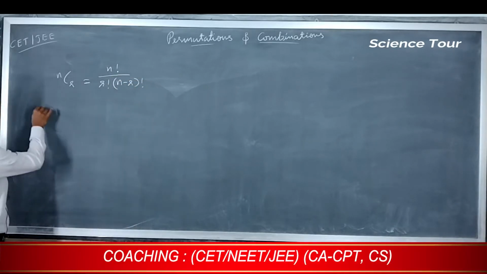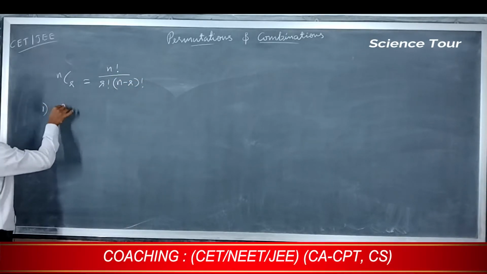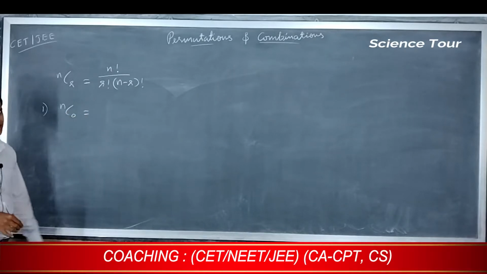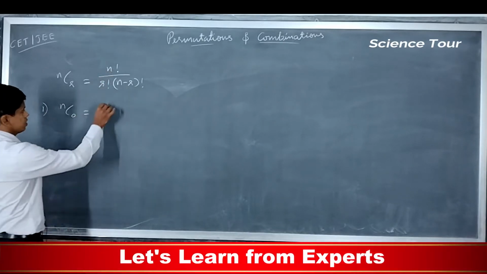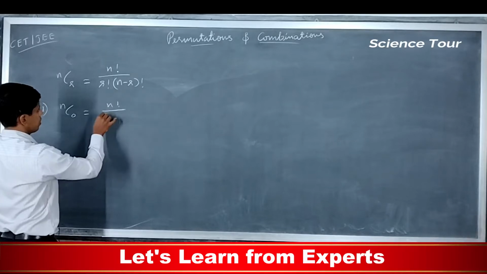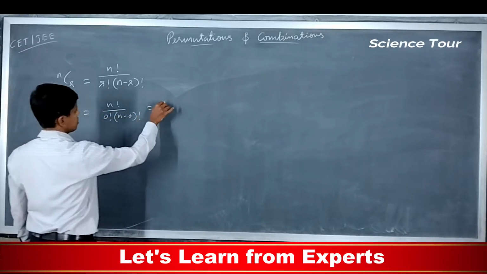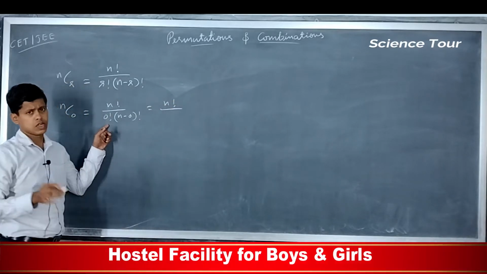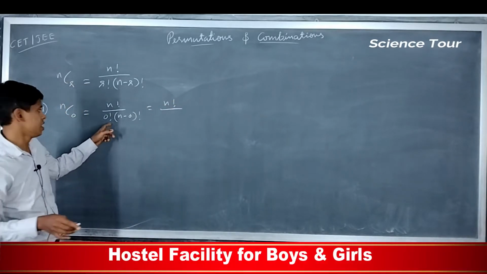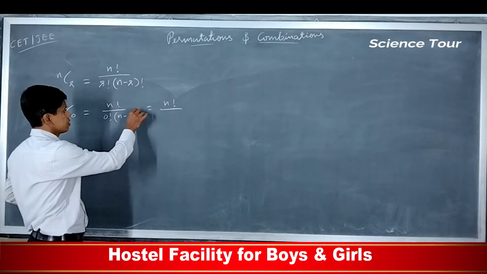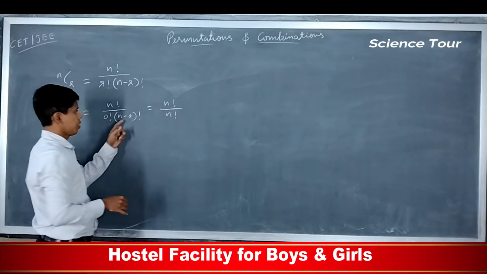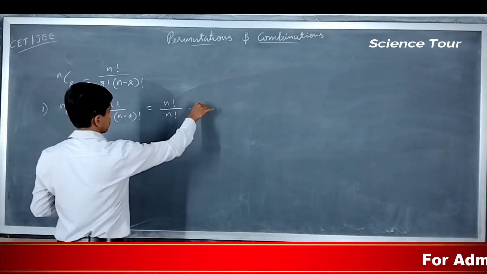Now the first shortcut you need to know is: what is nC0? nC0 is n factorial divided by 0 factorial and (n minus 0) factorial, which is like n factorial divided by n factorial. 0 factorial is 1 by convention, and n minus 0 is n itself, so this is 1.